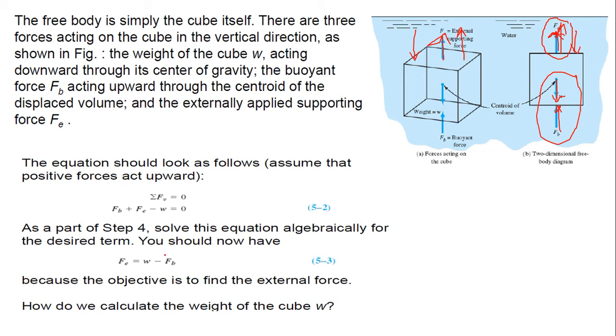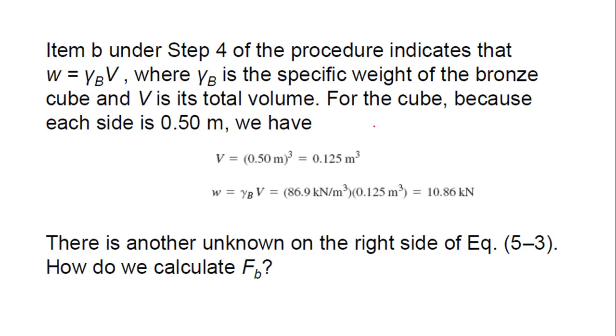Okay, right. So you rearrange the equation. Fe equals W minus FB. So simple. Now you want to find Fe, so you need to find W and also FB. How do we calculate the weight of the cube? It's simple.